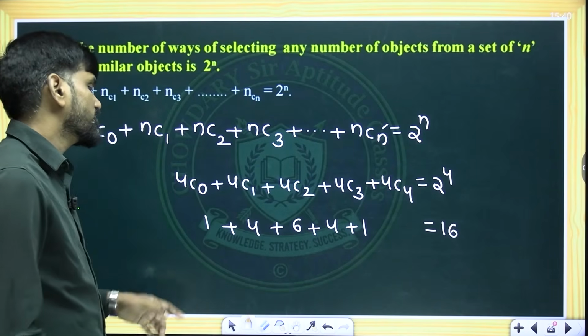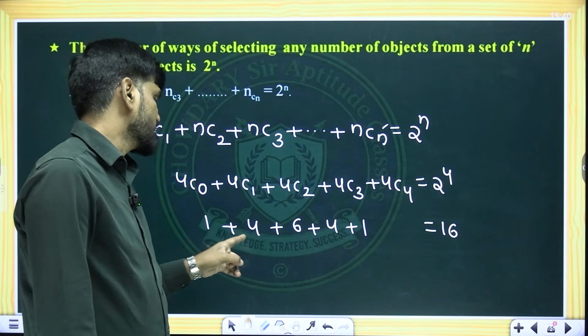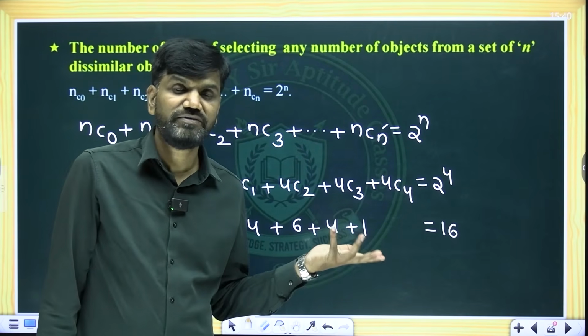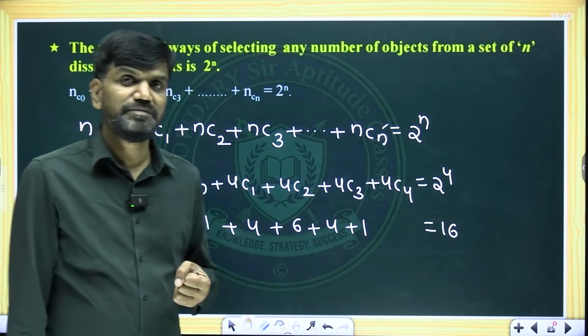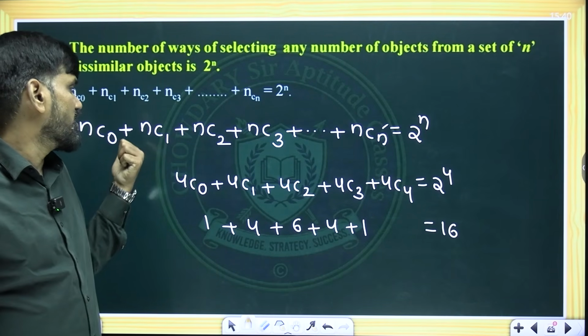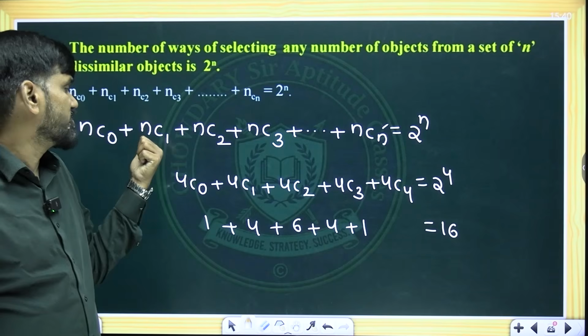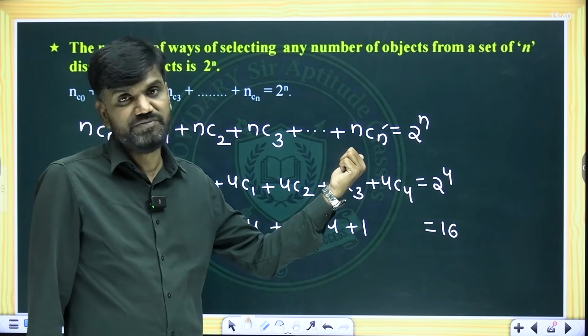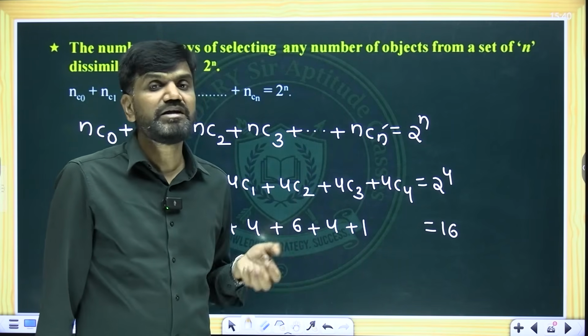That is adding up to how much, dear? 6 plus 5, 11. 11 plus 5, 16. Is it working or not? That's all. So out of n objects, you can choose 0 objects in these many ways, 1 object in these many ways, 2 objects in these many ways, like that all n objects in these many ways. The total will always add up to 2 power n.